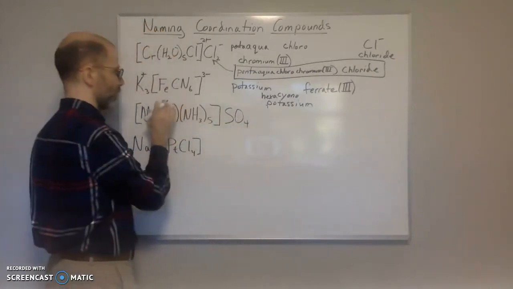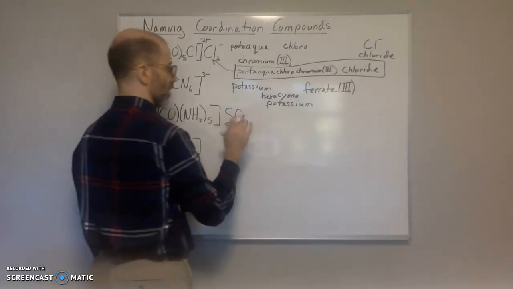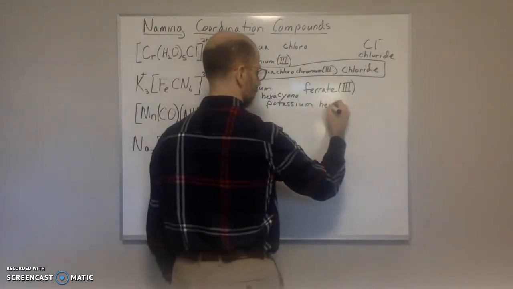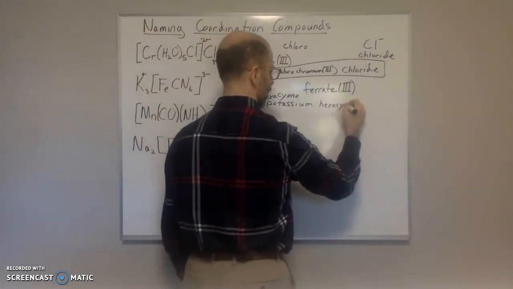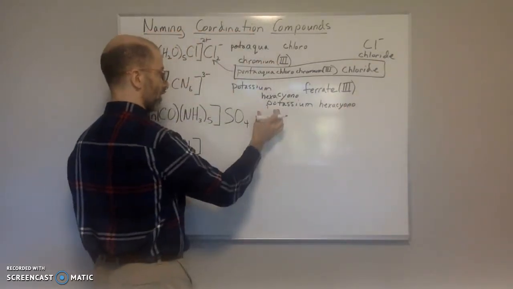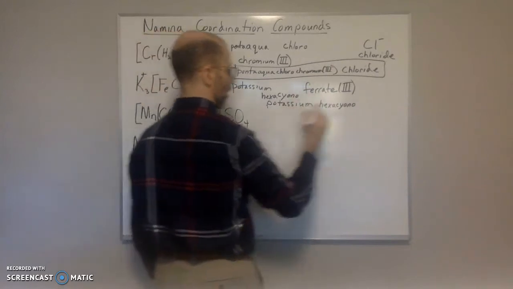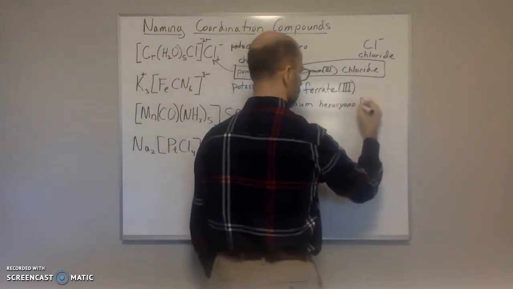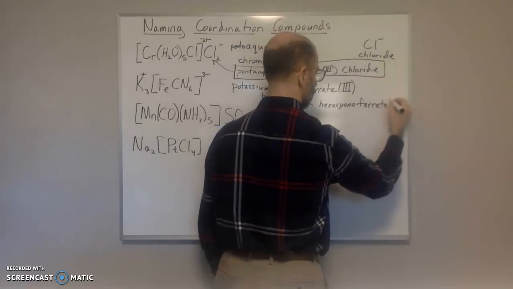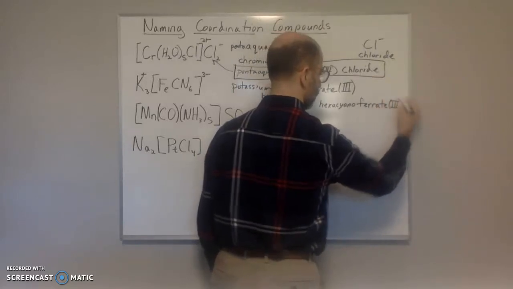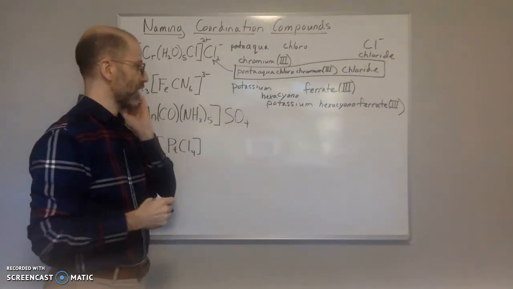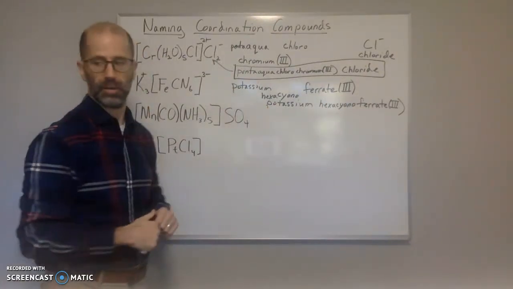We start in alphabetical order, so hexacyano, followed by the only one that's left, ferrate(III). So that would be the name of this compound here: potassium hexacyanoferrate(III).